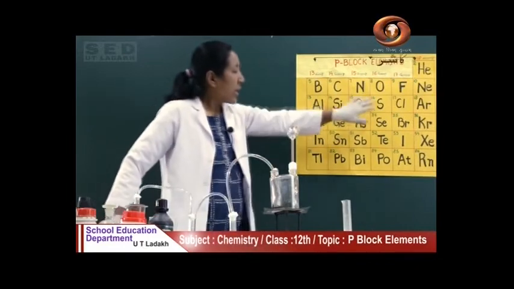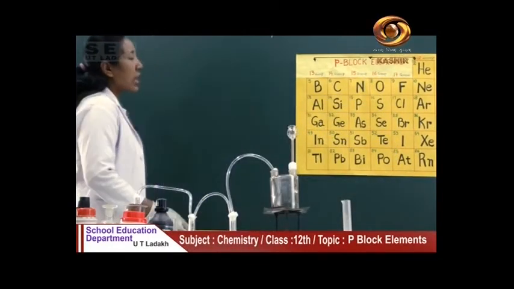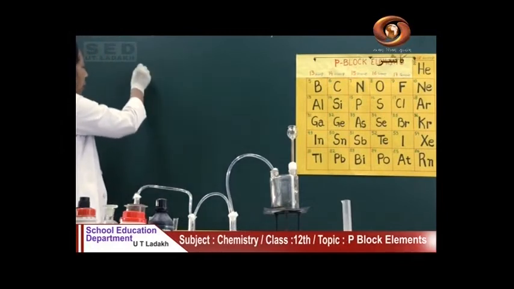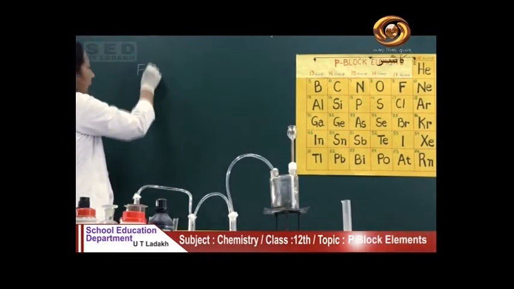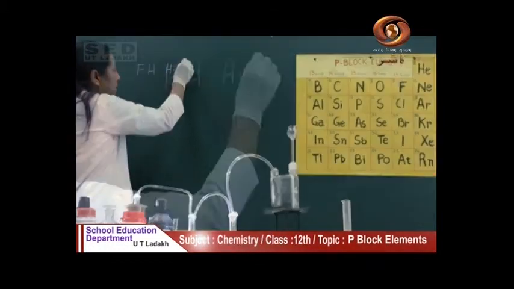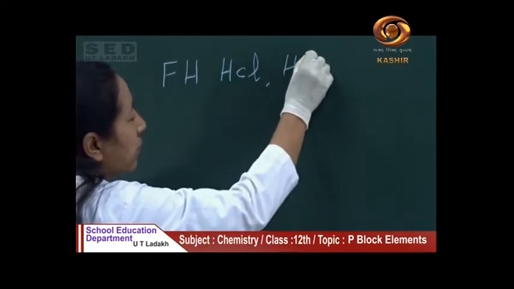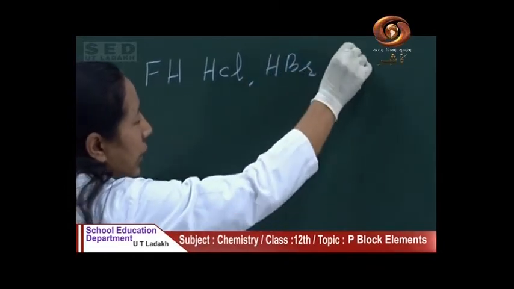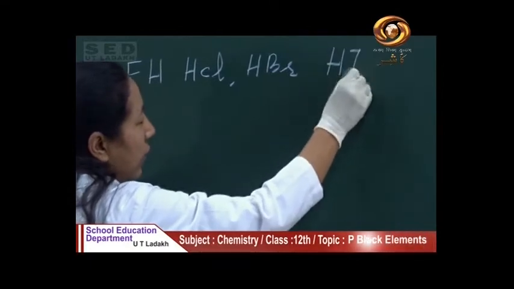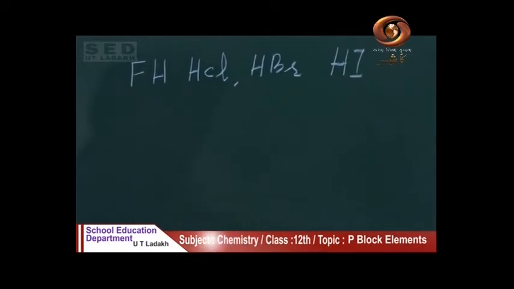Okay students, the halogen family will react with hydrogen. It forms HF, HCl, HBr, and HI, hydrogen iodide.